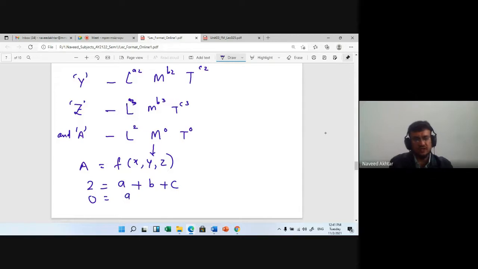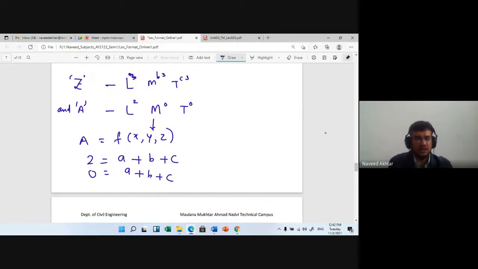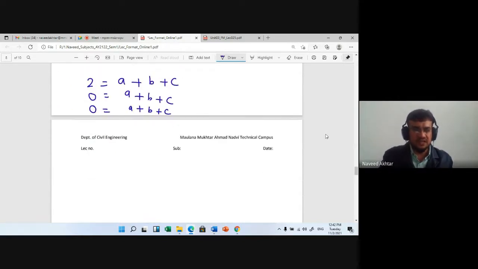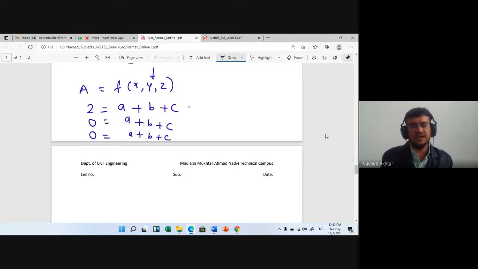And for T, also 0 equals a3 plus b3 plus c3. So in Rayleigh's method you are doing this, and now these are equations 1, 2, 3.